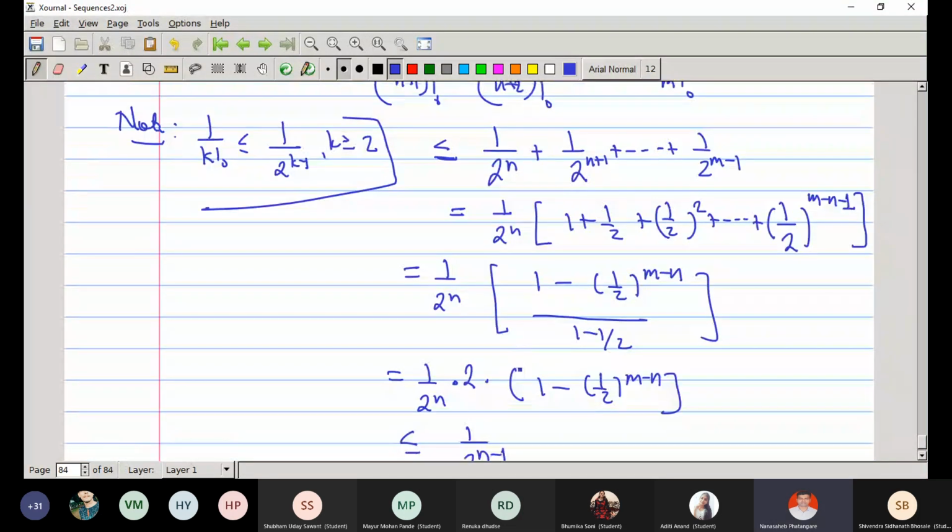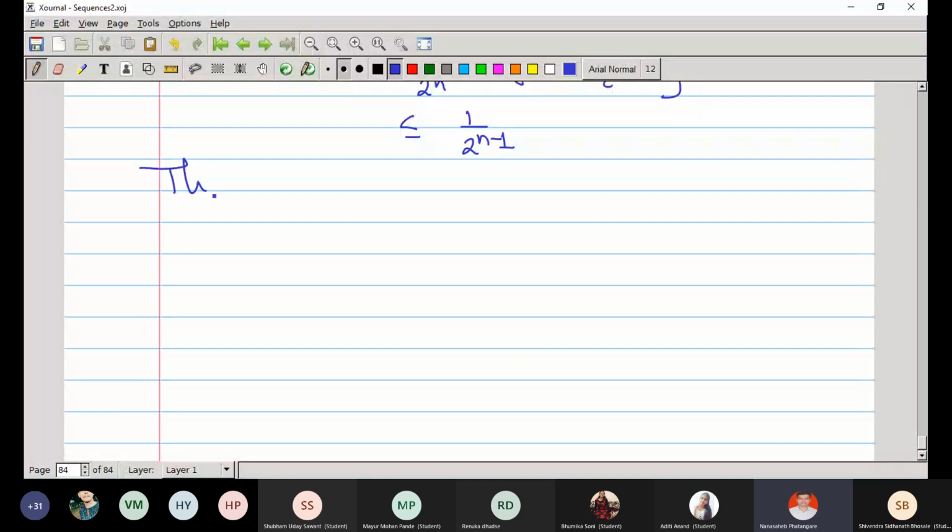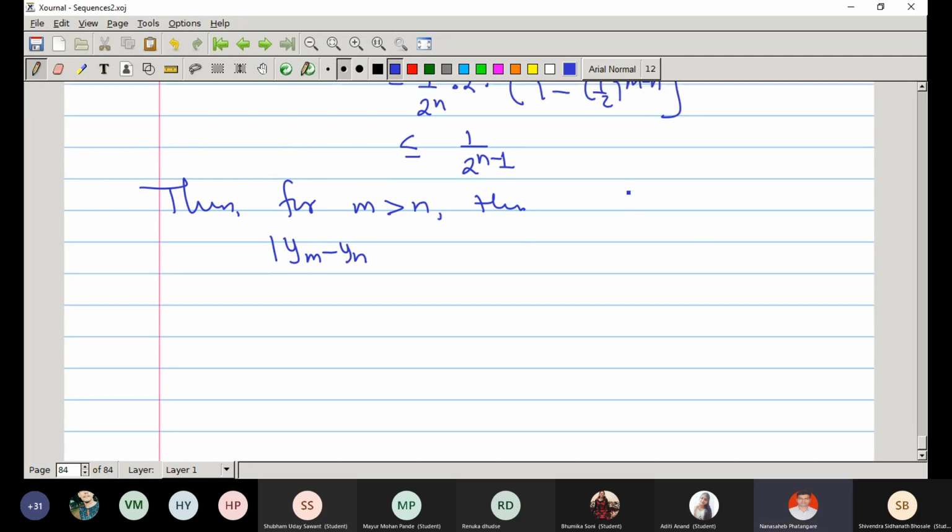Right. So therefore what we have proved, thus, for any m and n, if m is greater than n, then what we found is ym minus yn. What is my notation here?